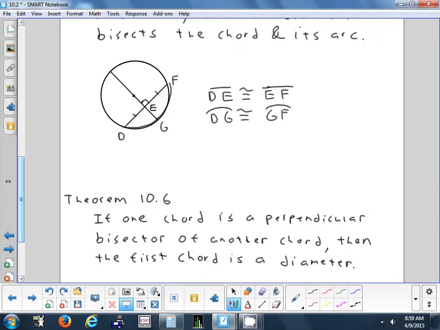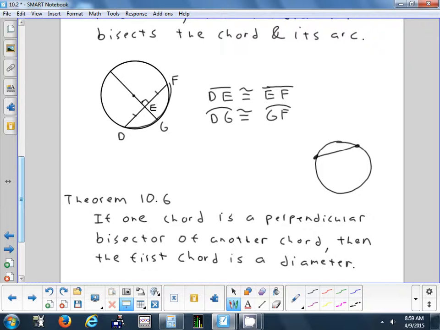So if you have one chord in a circle, and you draw in another chord, and it bisects that chord into two equal pieces, then you just drew a diameter. If you've got a circle and you put in a chord, there's absolutely no way that I can draw another chord through its midpoint that cuts it in half and isn't the diameter.